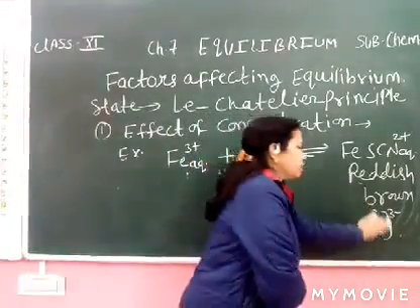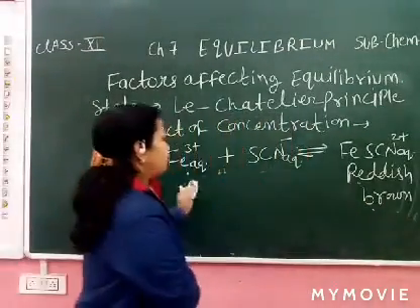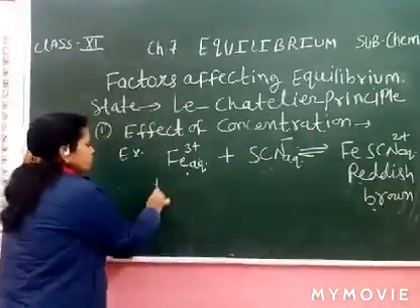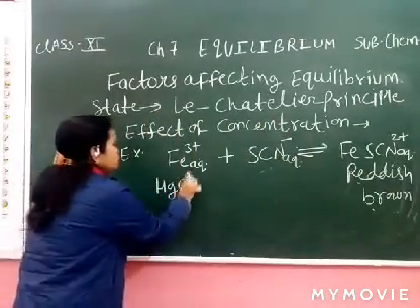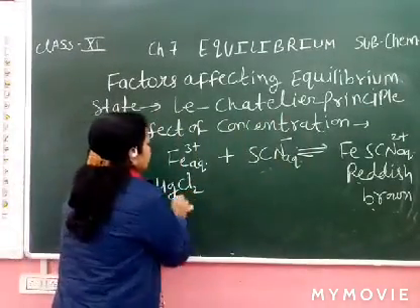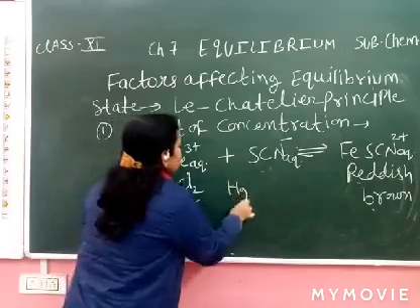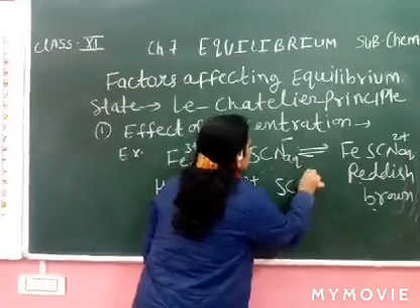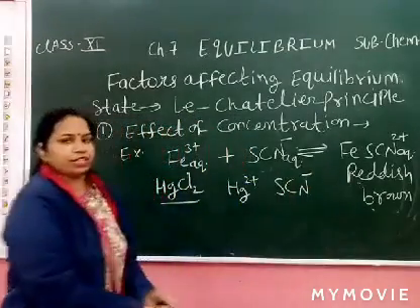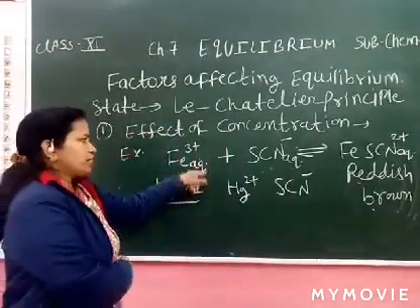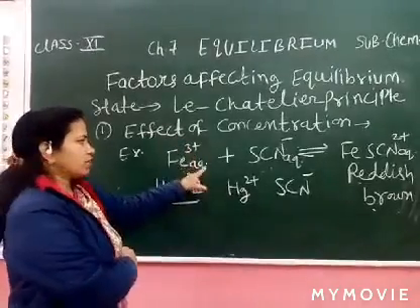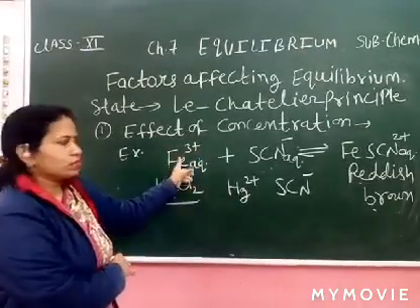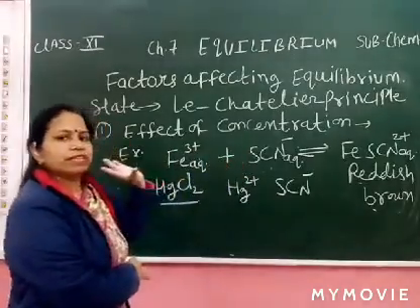So how do they react with Fe3+ iron? When we add HgCl2, the Hg2+ ion reacts with the thiocyanate ion. Oxalic acid reacts with iron. So there is also backward direction.